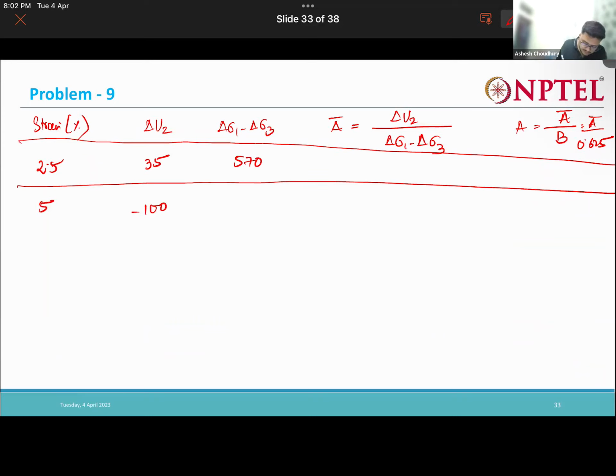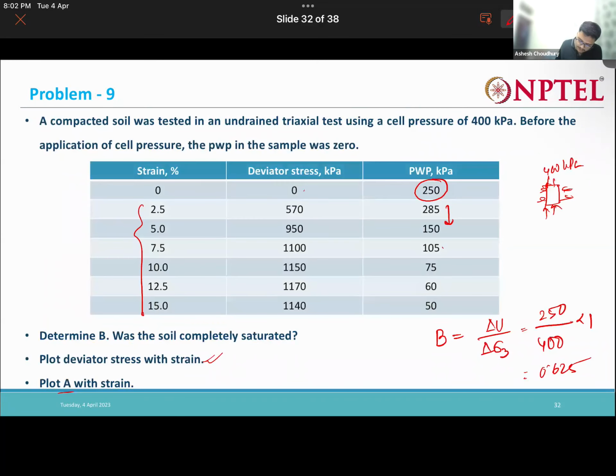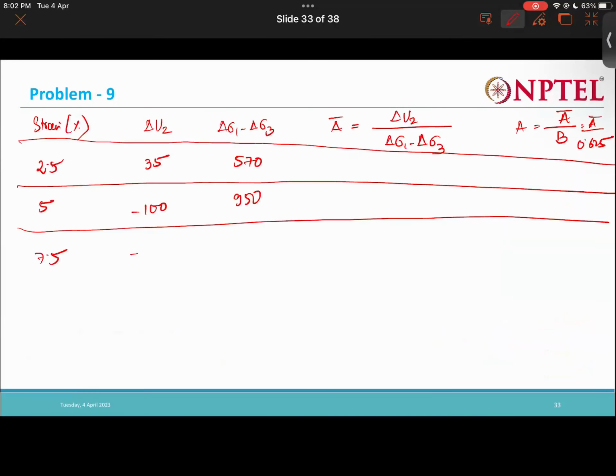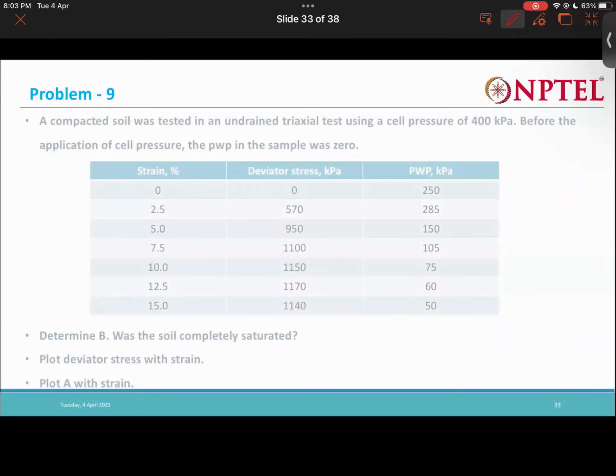And this one was 950. Like this, for 7.5, we have 250 to 105, so minus 145. This is 1100.